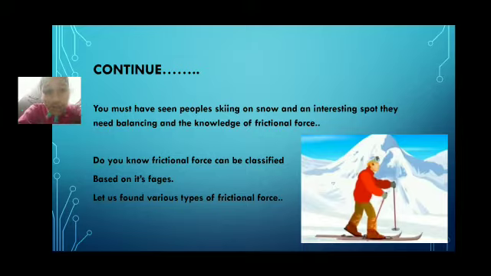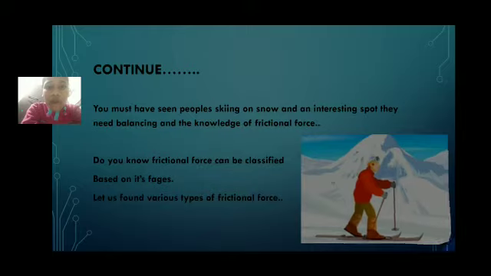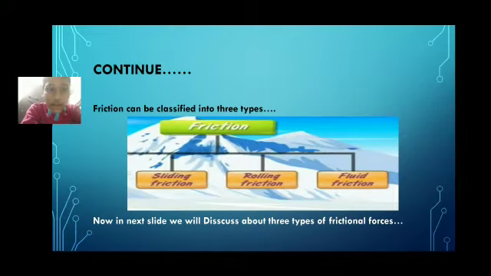Friction force can be classified, and frictional forces are classified into various types. So what are the types of friction? Can you please tell me? I hope you all know that friction is divided into three parts: sliding friction, rolling friction and static friction.